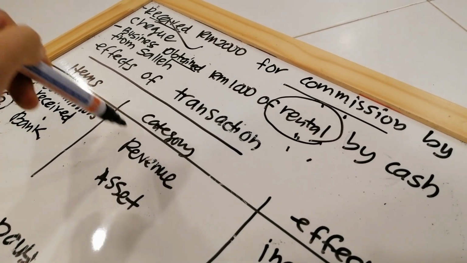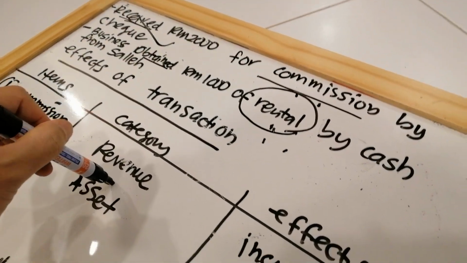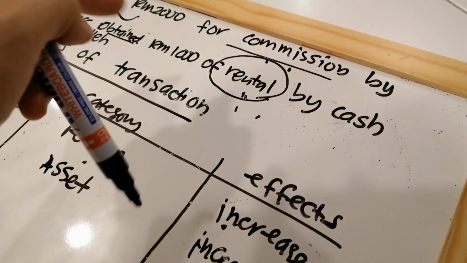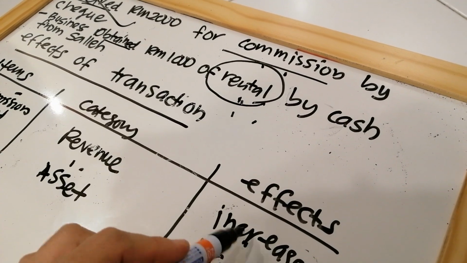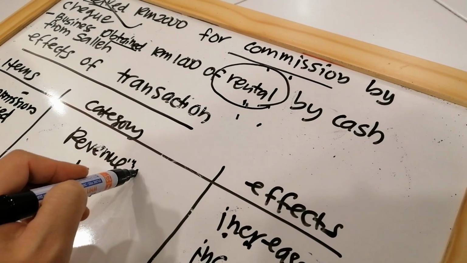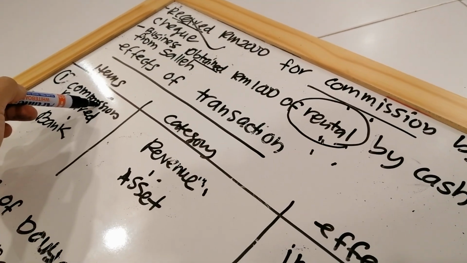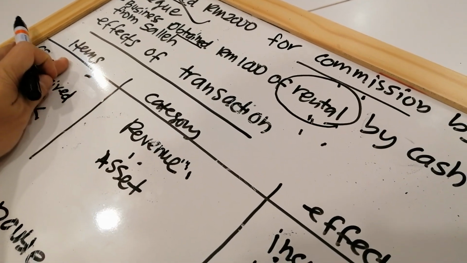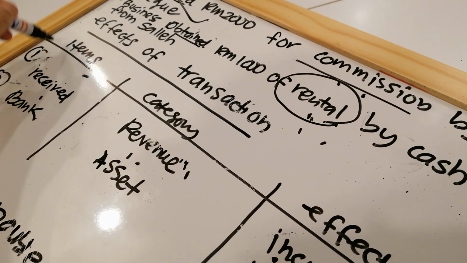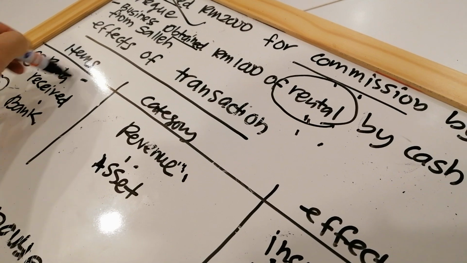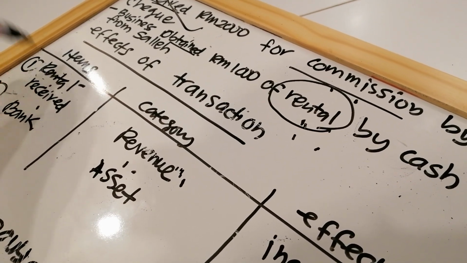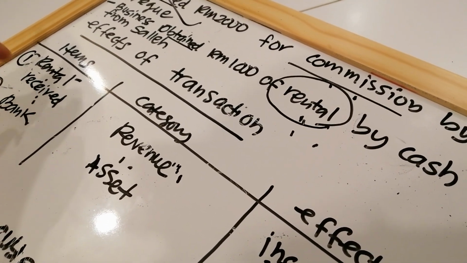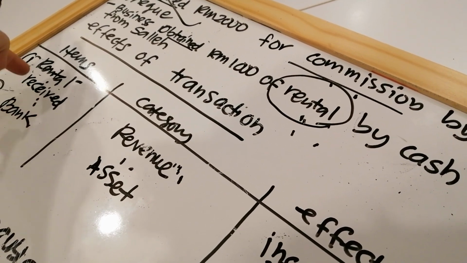Okay, rental receive is still classified under revenue, and every new revenue will increase the business's income or revenue. So you just change here, rental receive. Rental receive is fine, rent receive is fine, as long as you must end the sentence with receive.